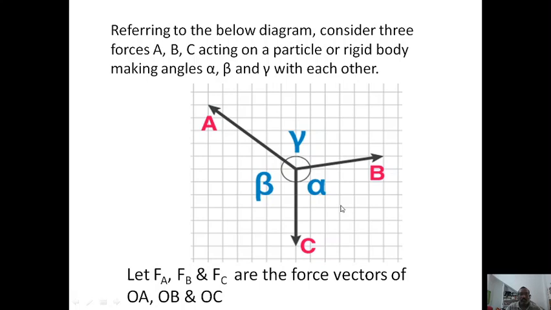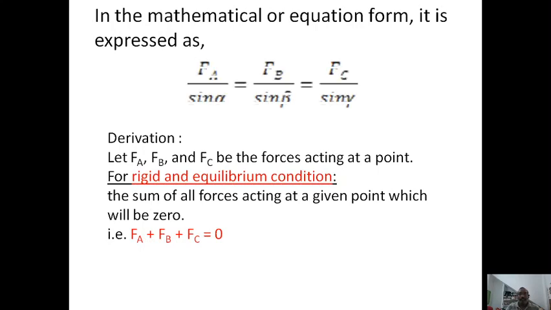After drawing, you can apply this equation obtained from coplanar systems: Fa by sine alpha is equal to Fb by sine beta is equal to Fc by sine gamma.